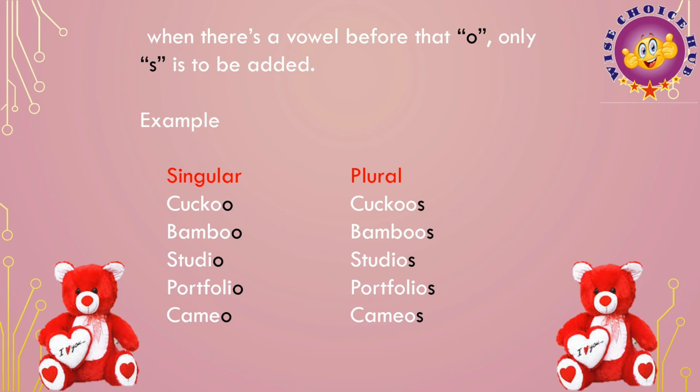Mango, we were adding ES and making it mangoes. Now look at the next examples here. Bamboo, bamboos. Portfolio, portfolios. Before the O there is a vowel I, so I am adding S and making it portfolios. Cameo, cameos.